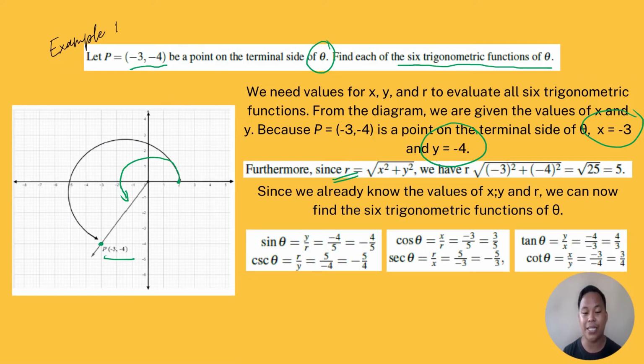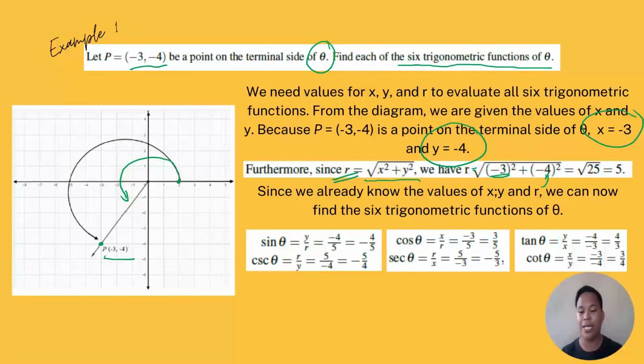Since we are looking for the length of r that represents the radius of the circle, and r is equal to the square root of x squared plus y squared, we have r is equal to the square root of the quantity of negative 3 squared for x plus the quantity of negative 4 squared for y.